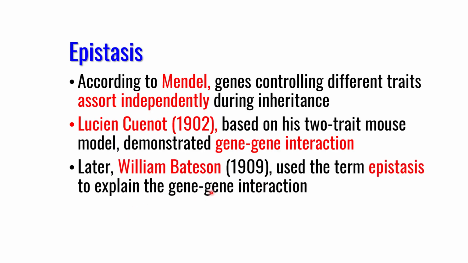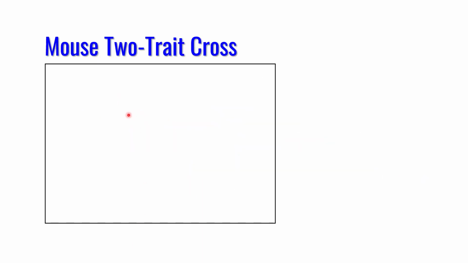Later, William Bateson in 1909 introduced the term epistasis to explain gene-gene interaction. In the next slide, I will explain the two-trait mouse model conducted by Lucien Cuénot, which led to the discovery of epistasis.